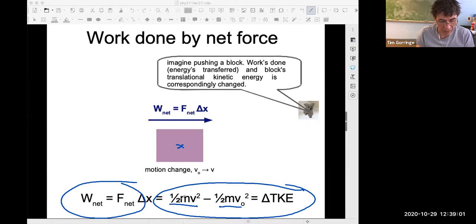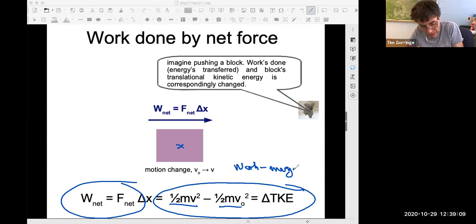This tells the story of how forces transfer energy, they do work, and that energy increases or decreases the kinetic energy of the moving object. So that's a big story on that slide.